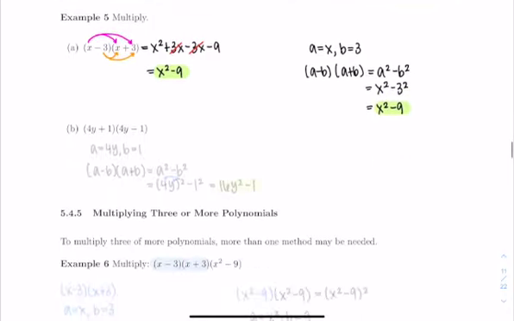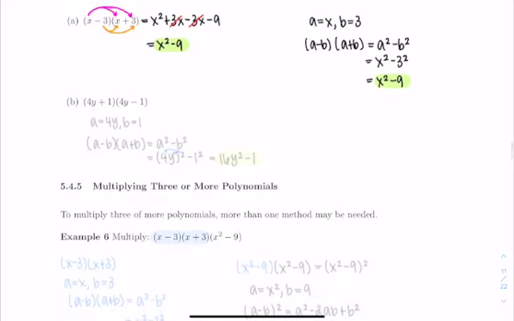And for the second one, we're just going to use the formula. In this one, a is going to be 4y and b is 1. And so plugging it in, we end up with (4y) squared minus 1 squared.